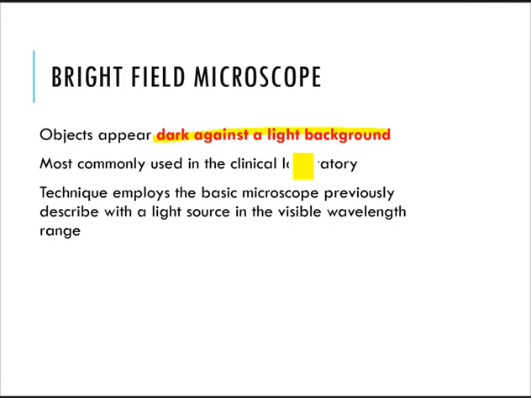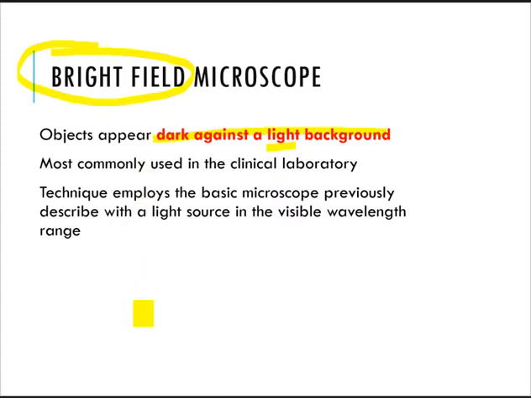What I usually do to memorize is that bright field is bright, so the background is light. So of course the specimen is the opposite, so the specimen is dark. Whatever works for you, guys.